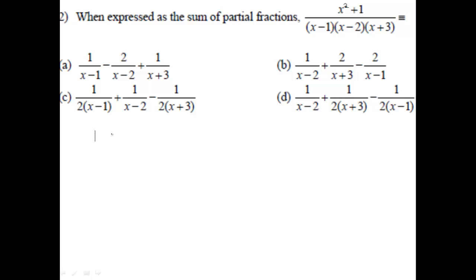We start off with x squared plus 1. We've then got A times, and if it's over x minus 1, then we'll end up with x minus 2, x plus 3 when we multiply by the denominator.